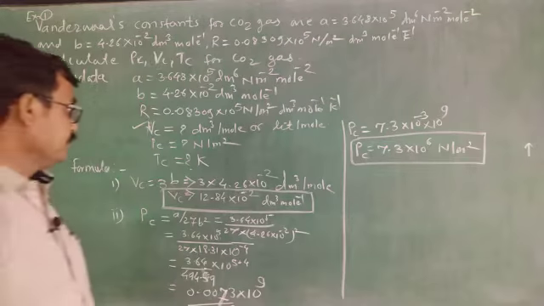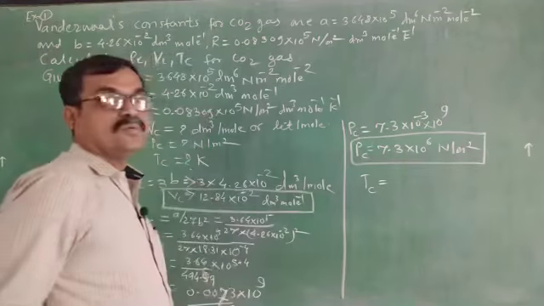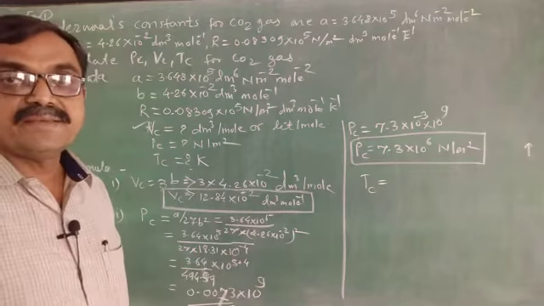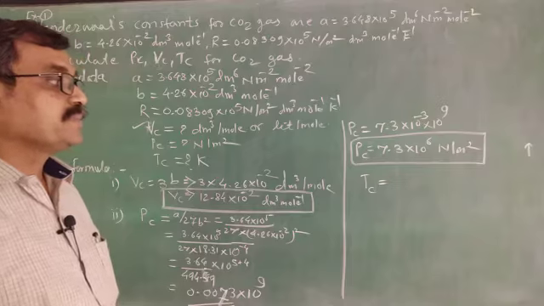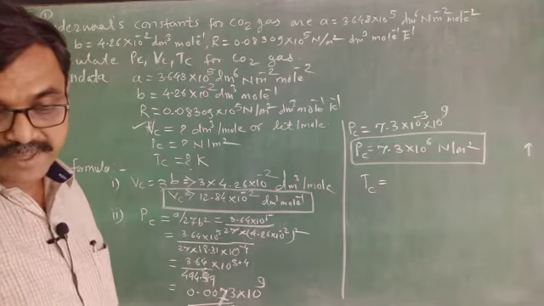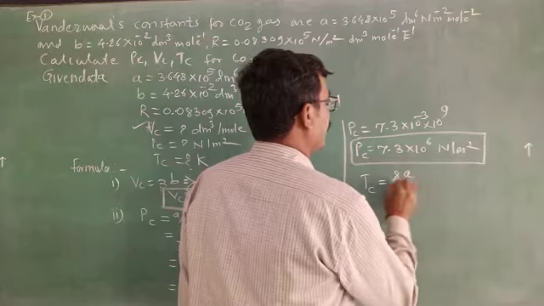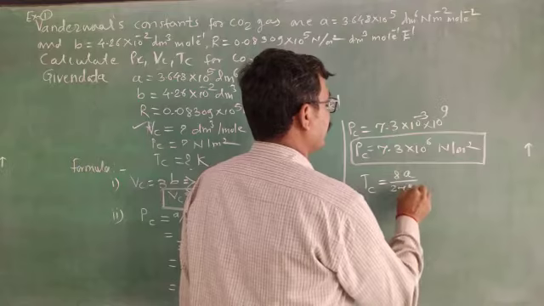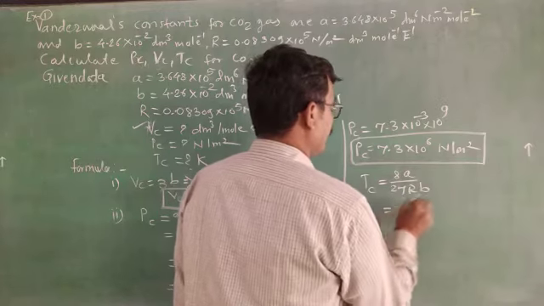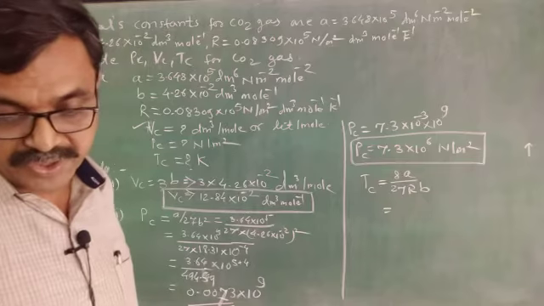Last point, that is the TC. Now, what is the formula for TC? We know the relationship. TC equals 8A upon 27 RB. 8A upon 27 RB. Now, put the value of each.